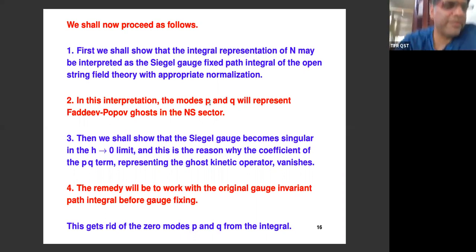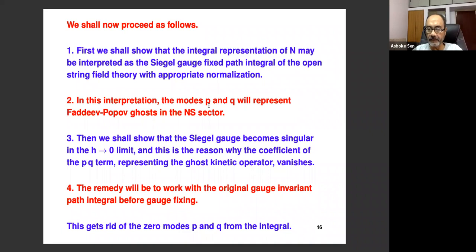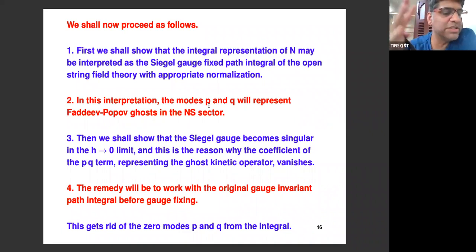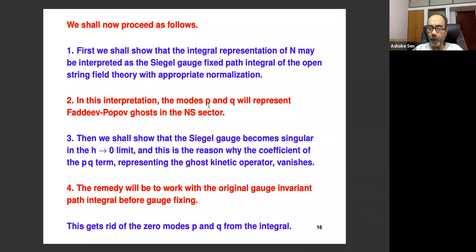So Ashok, I have what's probably a very stupid question. In your annulus, you don't have any insertions of vertex operators. That's right, yes. So when you're doing the annulus partition function, there's no momentum conservation. There are no vertex operators whose momentum has to be conserved. But still, the strings that are propagating are the ones that live on the D-instanton.